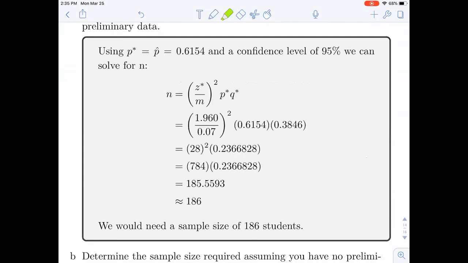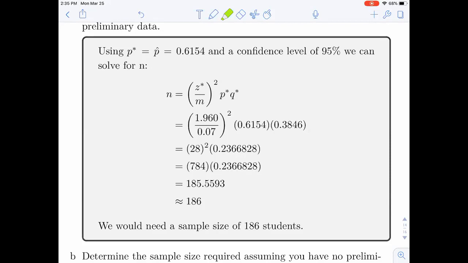We wanted to fix our margin of error to be 0.07 instead of 0.108. That's fine. Z star is still going to be 1.96 for our 95% confidence interval. And so when we do these calculations, we find that we get 185.5593.